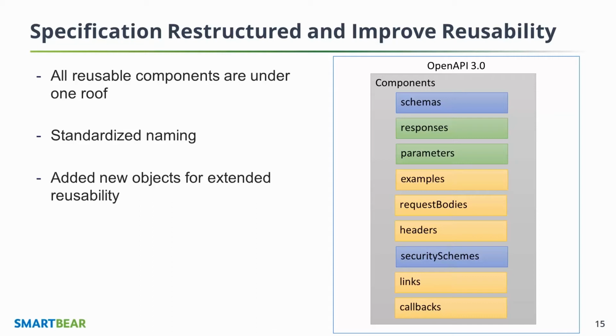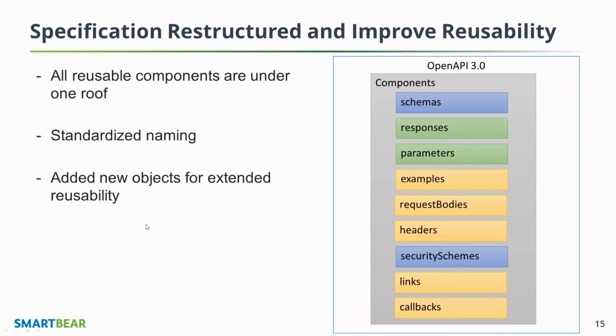And if we talk about reusability, right? The components now hold everything that's reusable in the spec. We increased the number of reusable objects from 4 to 9. Some of them are new objects that we introduced to the spec, which again we'll cover in a bit, like links and callbacks.